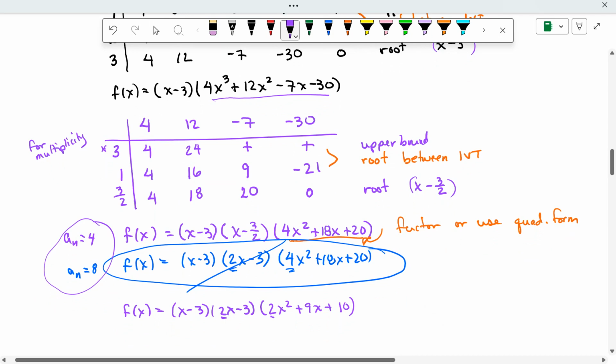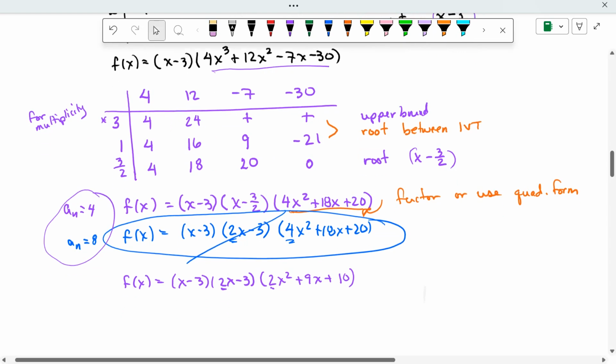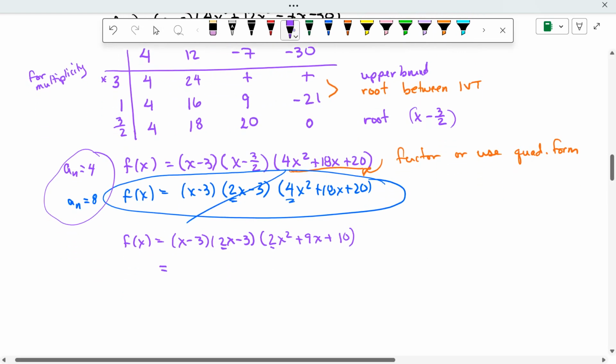So then, let's see, 2 numbers that multiply to make 20 and add to make 9, I believe that's 4 and 5, so f of x should factor, if I factor this one, I need positive 4 and positive 5.